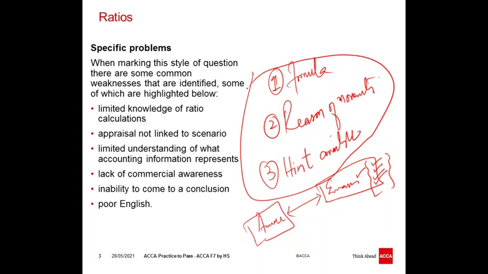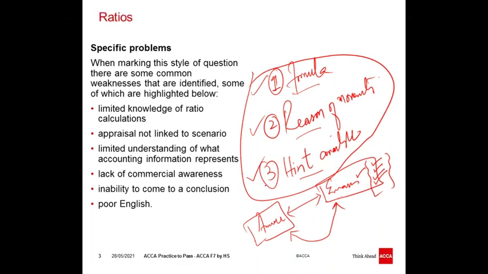You only need to see whether the formula is correct, whether you have given the right reason, and whether you have incorporated the hint available in the question. So when you compare your answer with the examiner's answer, you only need to see these 3 items.